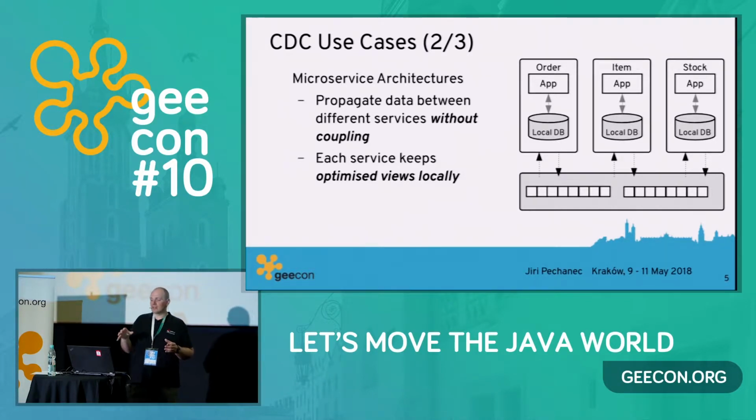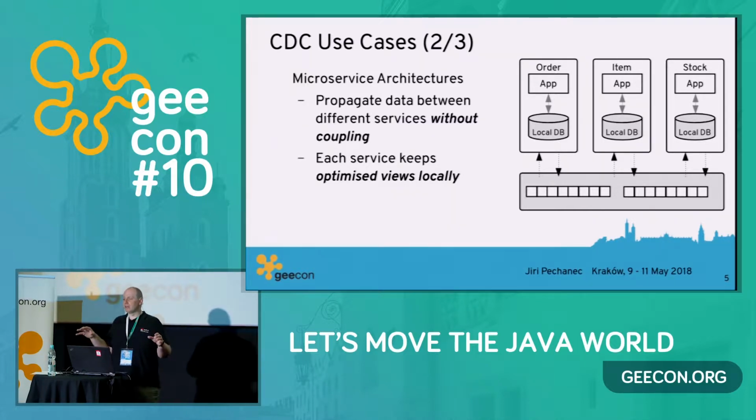This allows us to have a specific storage for each microservice, and this data store can contain a view optimized for each service that needs to read data. And using streaming, we are keeping all those data stores in sync.